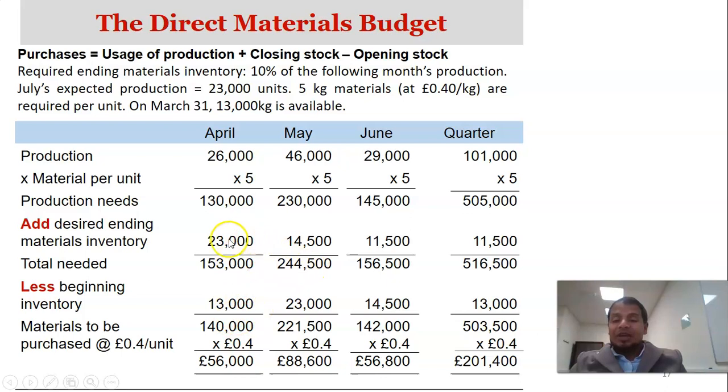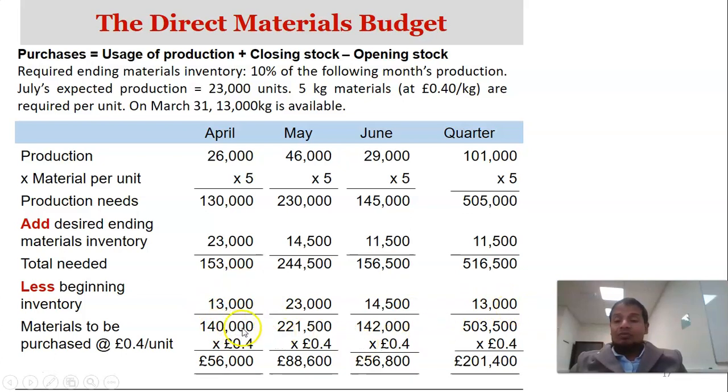And the same thing, this is the ending inventory of April. That means this is the same amount, the beginning inventory of the next month. Okay, and 14,500 is the ending of May. That means this is the amount that would be the beginning of June. All right, and for the quota, when the quota starts, 1st of April, the beginning inventory of April would be the beginning inventory of the quota.